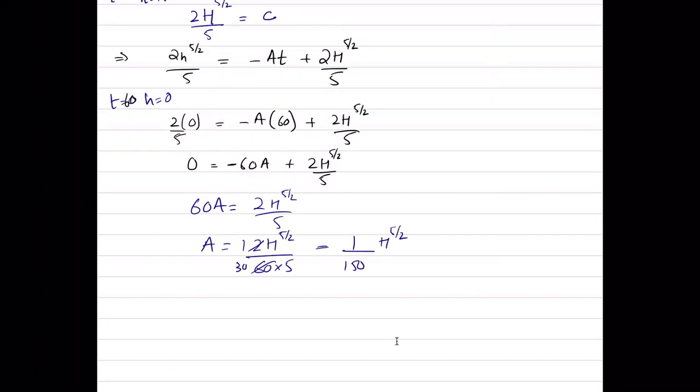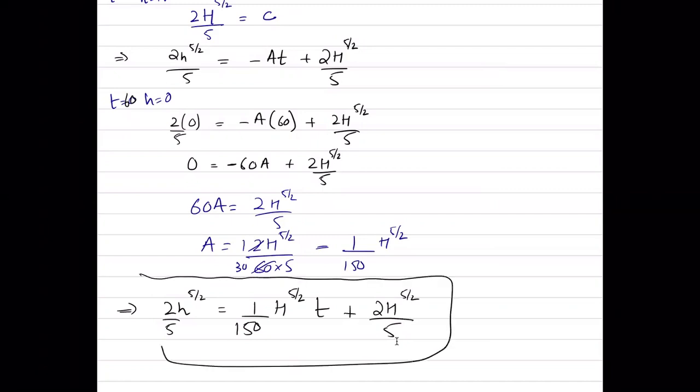So the final answer: the value of a is 1 upon 150 h to the power of 5 upon 2, t plus 2h to the power of 5 upon 2 upon 5. This is the expression of small h in terms of t.